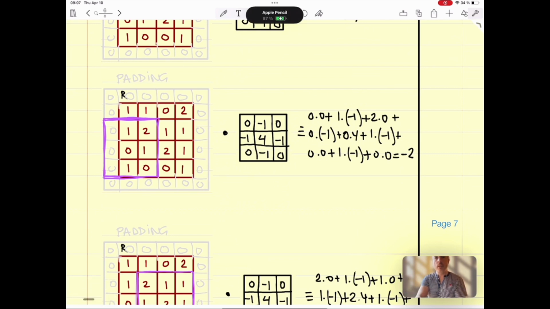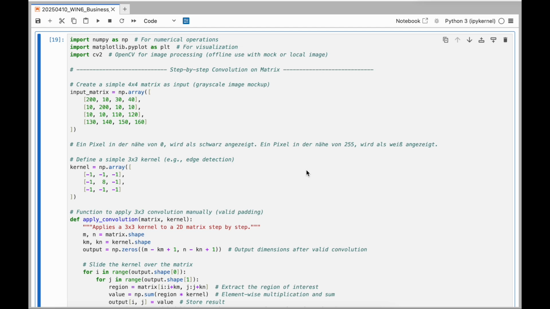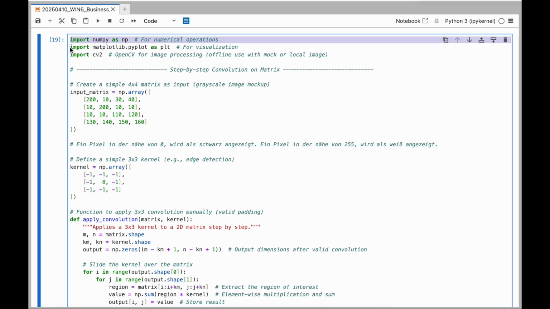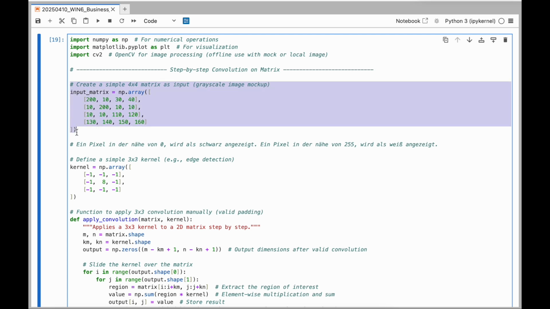Then stop the video here. Of course, you need to understand it. Here I import the necessary packages. Here I create an input matrix, which is our pixels.